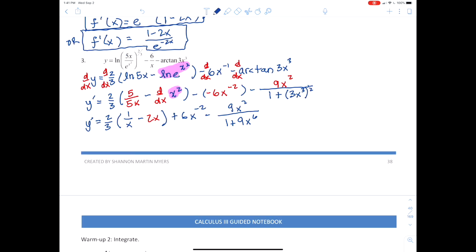All right, so let's clean this up a little bit. We're going to get y prime is equal to 2 over 3x minus 4x over 3 plus 6 over x squared, and then minus 9x squared over 1 plus 9x to the 6.